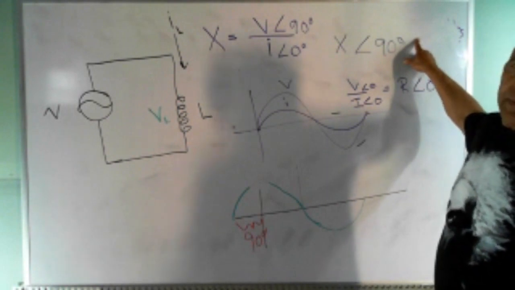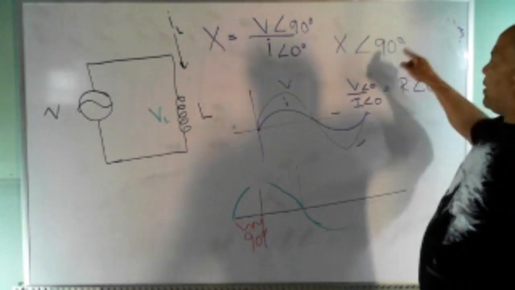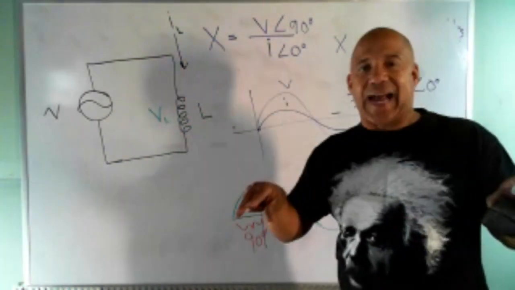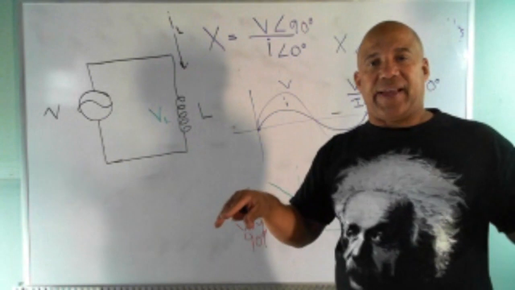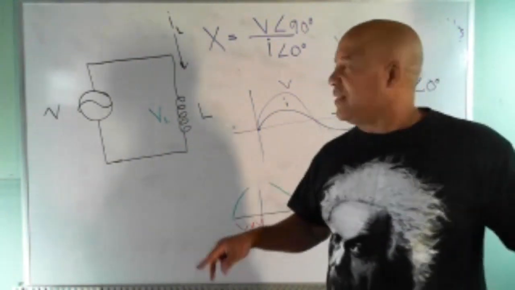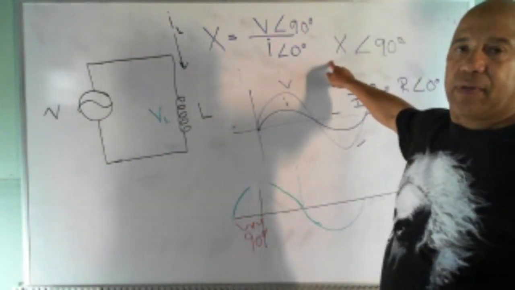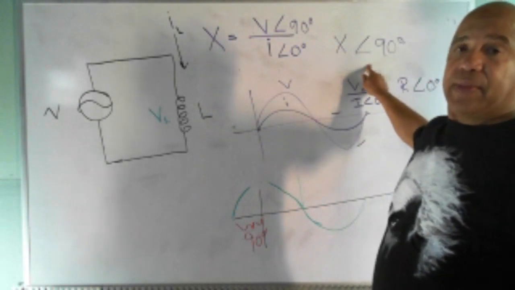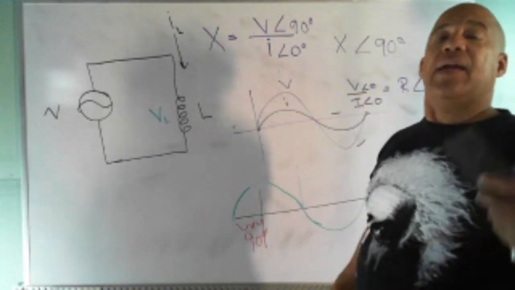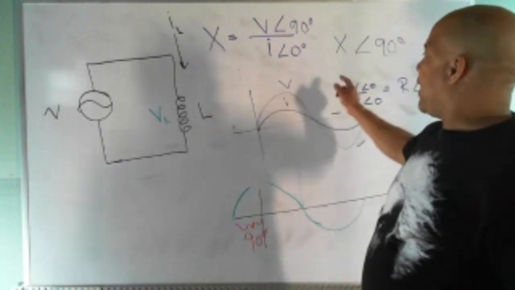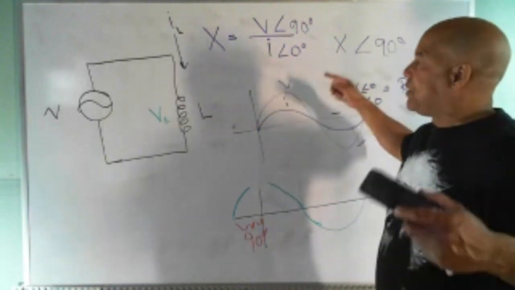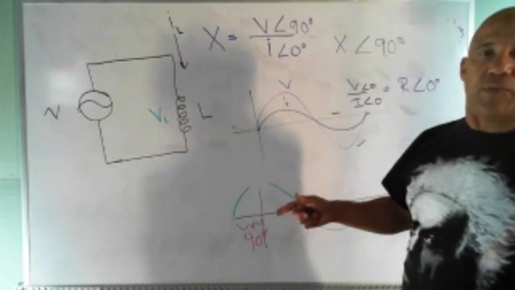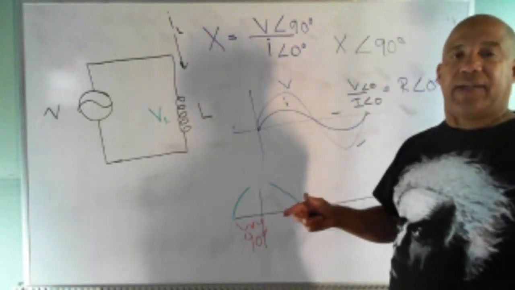Well, that's a problem, because that means that's not a real number. Real numbers are on the real number axis, and they can only have a phase of 0 degrees or 180. This is something else. It has a phase of 90. The phase 90 means what? It means it's an imaginary number. So here I have in nature a kind of opposition that an inductor will give me that has a phase associated with it of 90 degrees, which means it's not a real number.